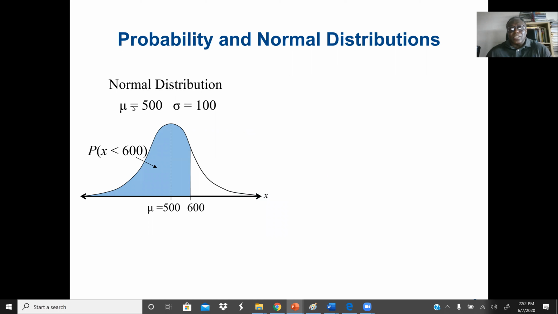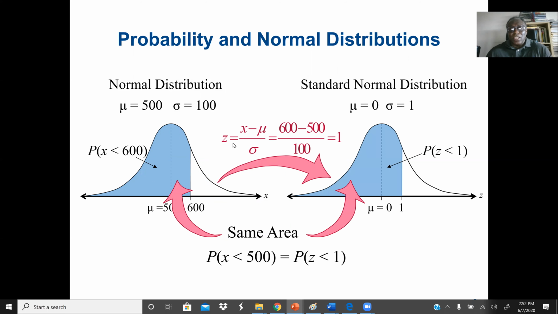So again, this is our normally distributed data set with a mean of 500 and a standard deviation of 100. Our goal now is to find the probability that the random variable X is less than 600. As we said earlier, the first thing we need to do is to find the z-score. The z-score transforms the normal distribution to the standard normal distribution.